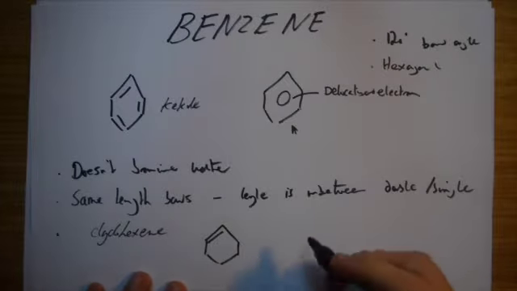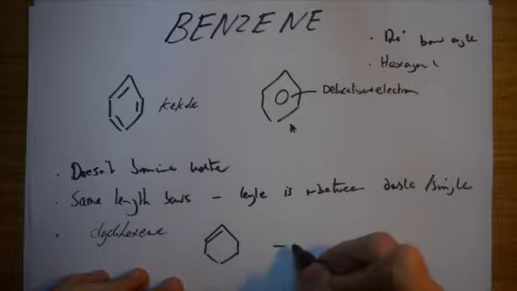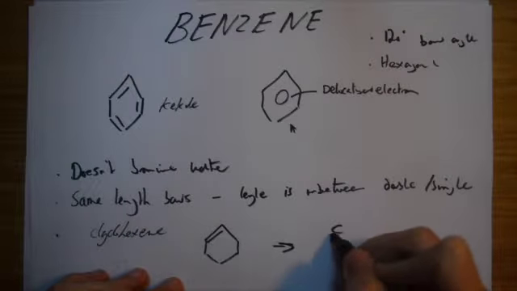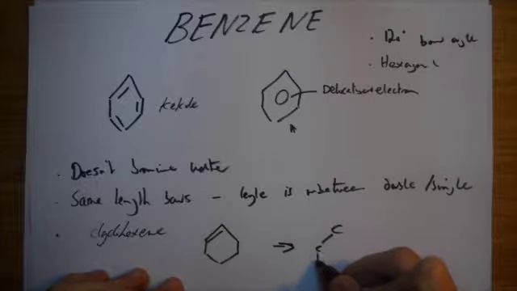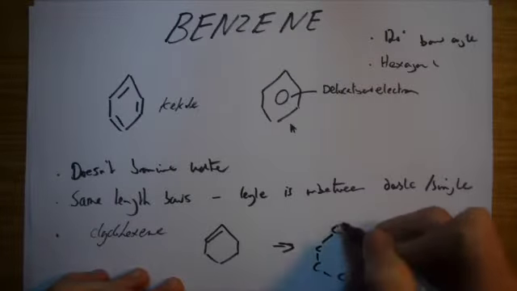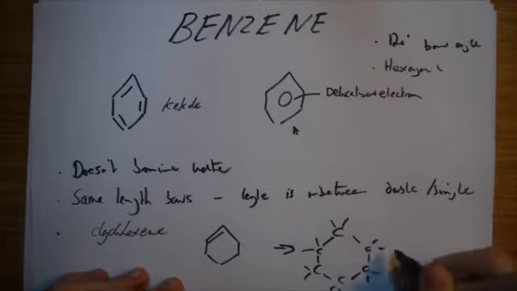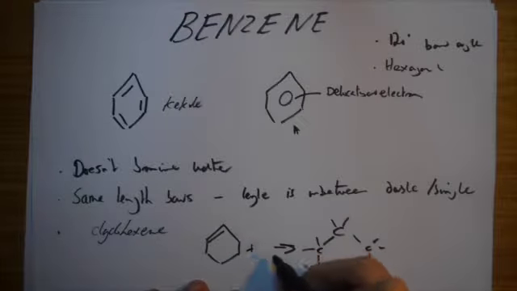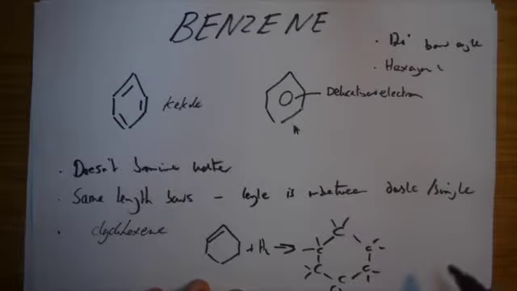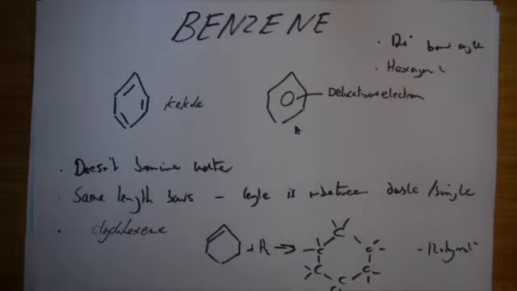If we want to hydrogenate this, we're basically removing this double bond, and what we get is a structure like this, with each carbon bonded to 2 hydrogens. So basically we're just adding 2 hydrogens, and the energy released from this is minus 120 kilojoules. So it's an exothermic reaction.